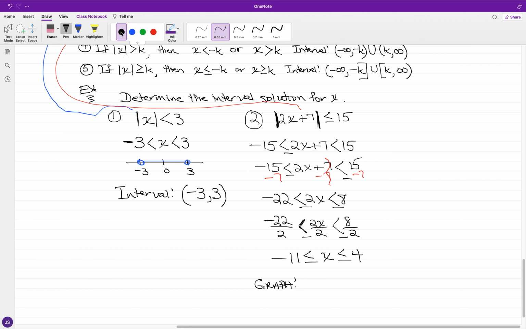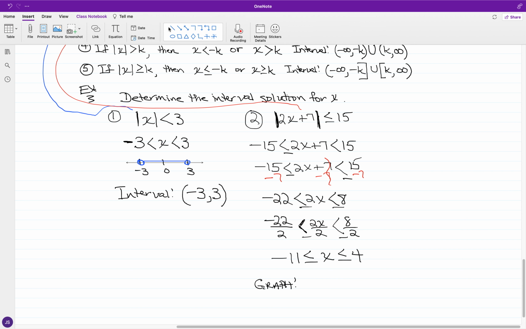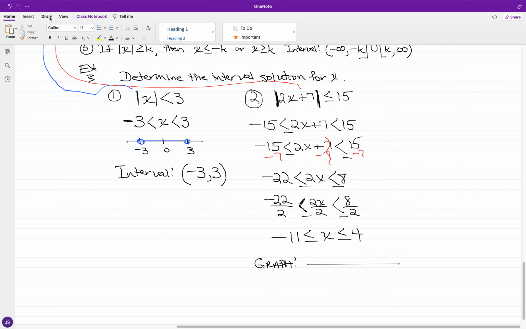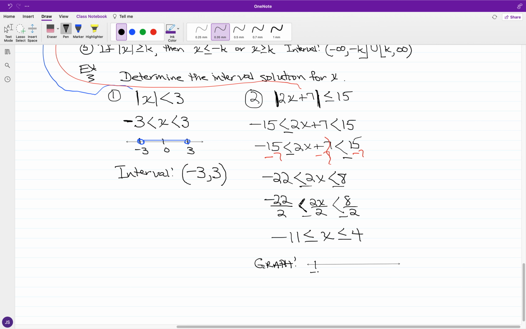And just take what we have in terms of a quick graph. So we have negative 11.